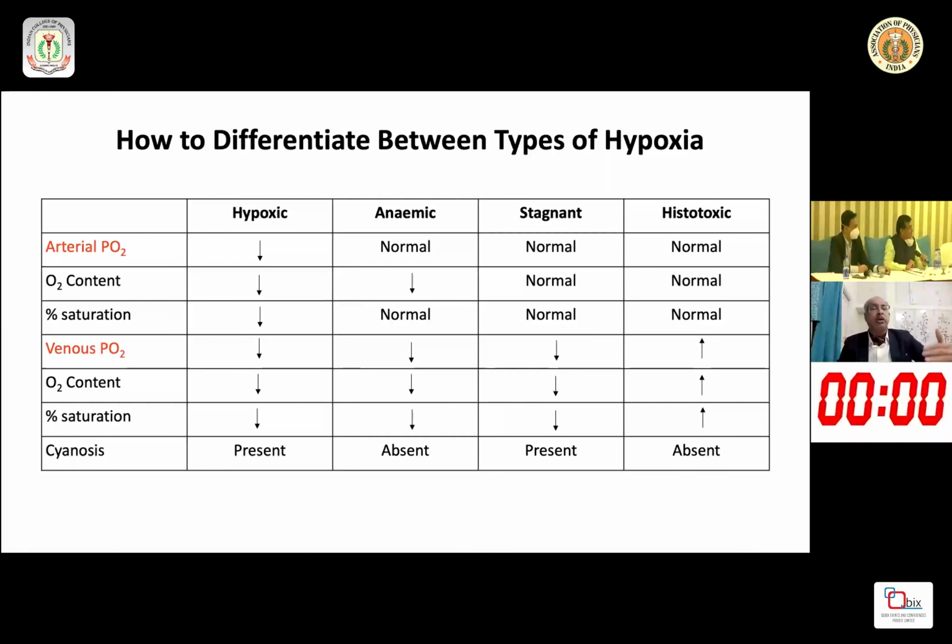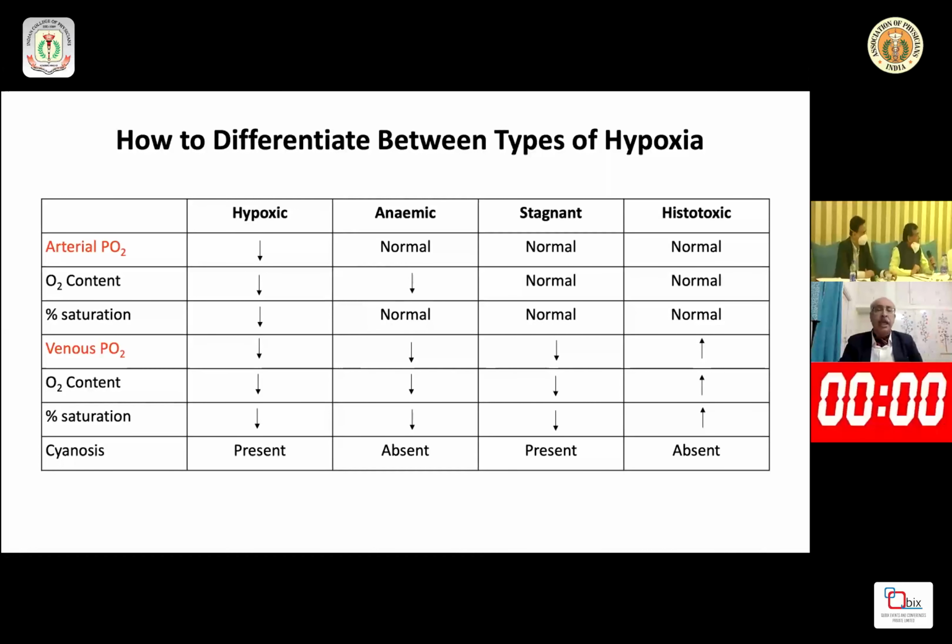This is a summary of everything we have discussed, how to differentiate between types of hypoxemia. Both are important: arterial oxygenation, oxygen content and saturation. In hypoxemic, all will be low, whether it is arterial PO2, venous PO2, content or saturation. In anemic, arterial PO2 will be normal, oxygen content will be low, saturation will be normal. So the differentiation between hypoxemic and anemic is the oxygen content, and cyanosis will not be seen.